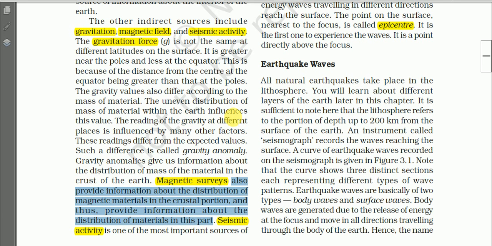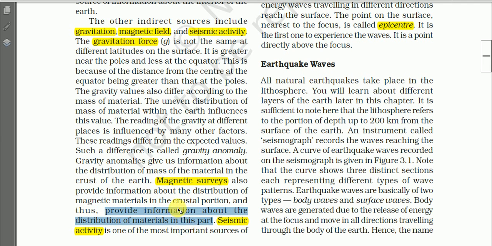So by analyzing the magnetic properties of the earth interior, we also can understand the distribution of these materials in the earth interior.